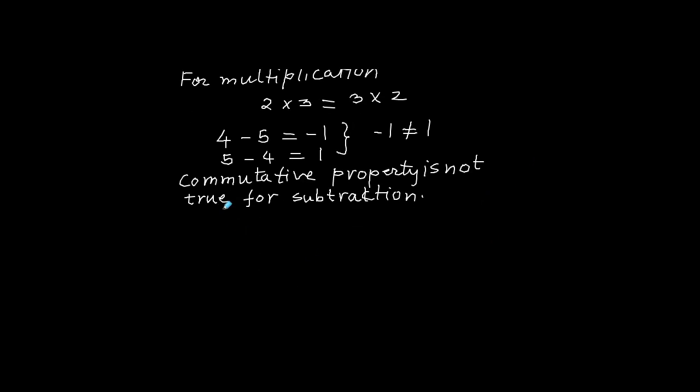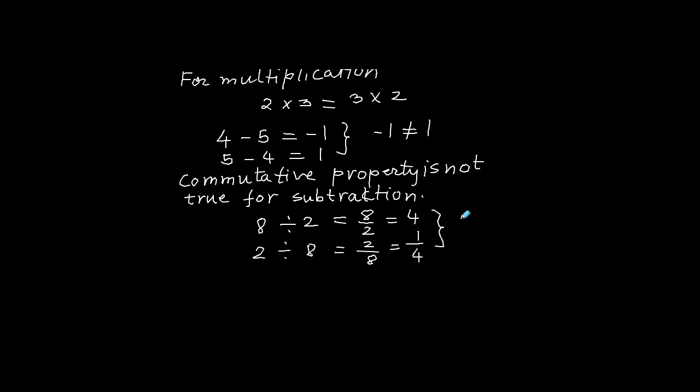If I'll take the numbers as 8 divided by 2, which is same as 8 over 2, so you will get 4. And if I'll flip the number, 2 divided by 8, so it will be 2 over 8, which is 1 over 4.